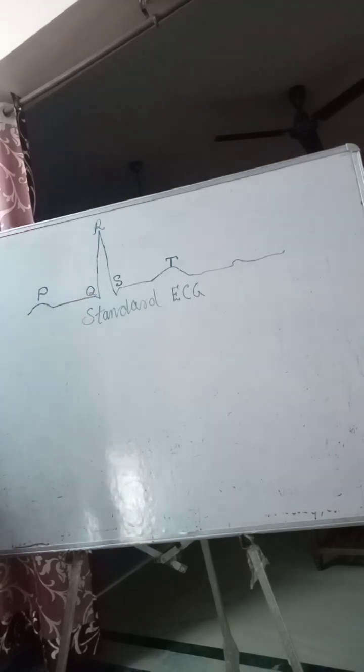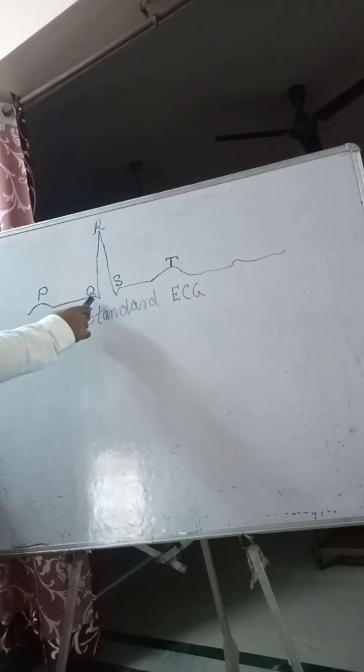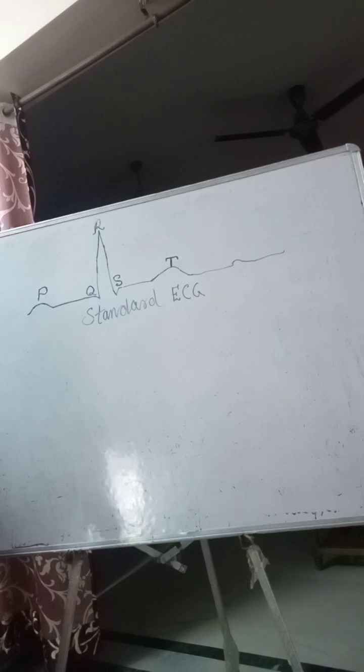That means systole in the ventricles also. This starts from the point Q, and this complex QRS shows the ventricular systole.